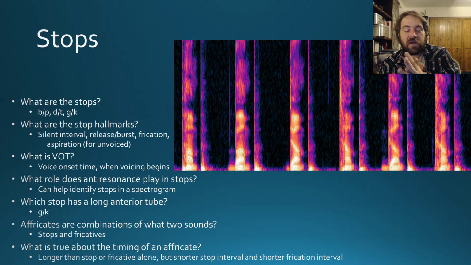But it has a shorter stop interval and a shorter frication interval. So it's kind of doing the same thing that the diphthong is going for. It's longer than just one, but it's got some shorter components in it that make it shorter than two phoneme units.